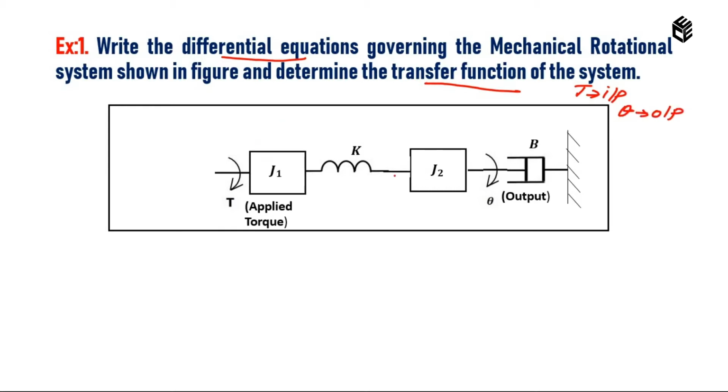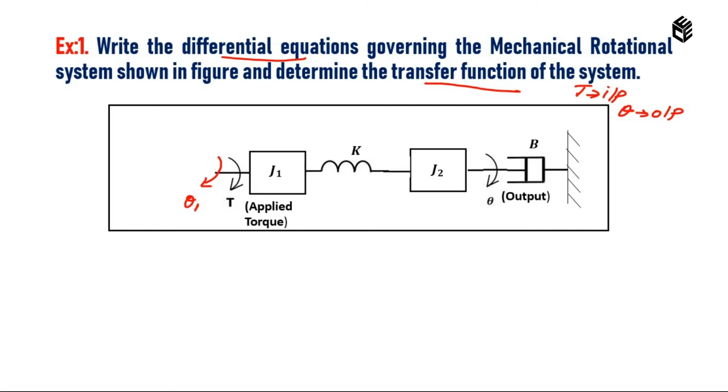So on analyzing the diagram, we understood that it has two moment of inertia J1 and J2. So if there is two moment of inertia, if there is two nodes, then there must be two displacements. So the displacement related to J2 is theta and we don't have any displacement related to J1. So we are assuming a displacement related to J1 as theta 1.